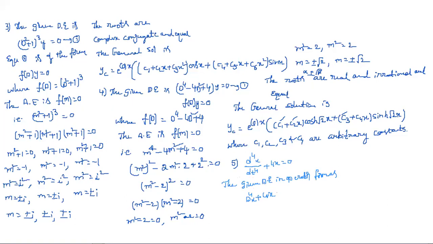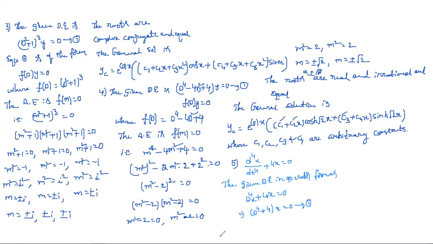Then how can you write this? Here x is the common factor. So simply we can write d power 4 plus 4, into x, is equal to 0. Let it be taken as equation 1. Is this in operator form or not? Yes, this is in operator form.